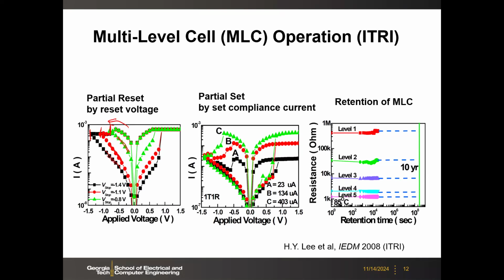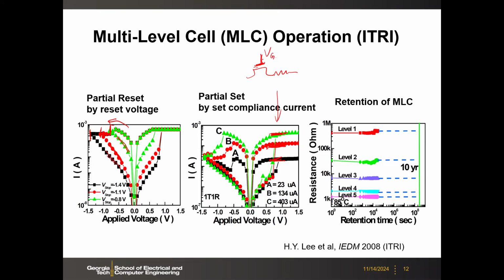And also in the set operation, you can use different compliance currents to limit the current. Therefore, you can create different resistance levels as well. So in the 1T1R configuration, you can do this by varying the gate voltage of the transistor.